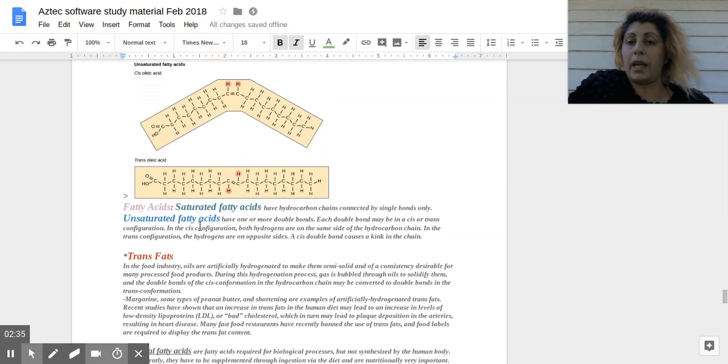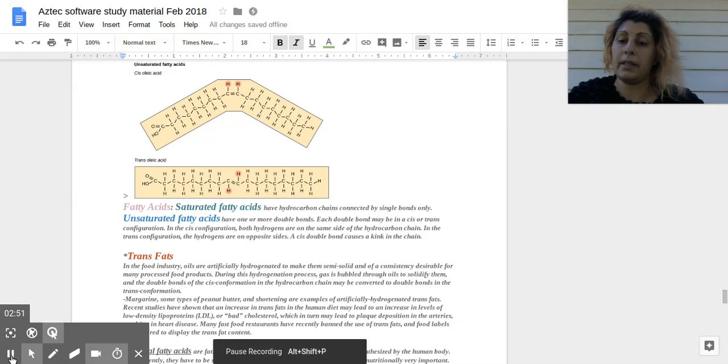However, these more solid fats, like margarine, are used in the food industry, as also in peanut butter and shortening.